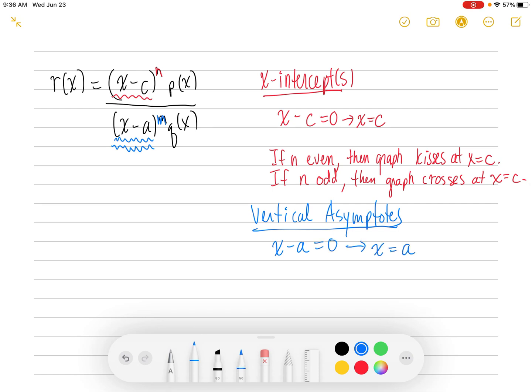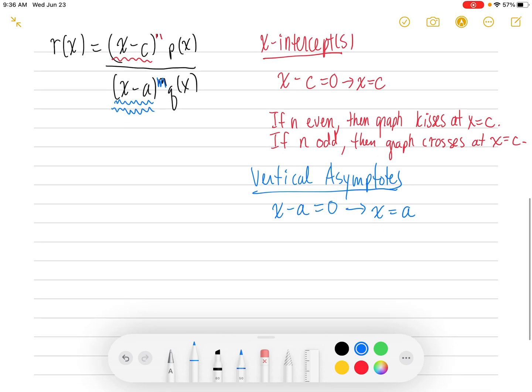So I'm going to take x minus a, set it equal to 0, and now I get x equals a as the vertical asymptote. This is not necessarily a point on the x-axis. It's a vertical line that your graph will approach but doesn't ever touch.